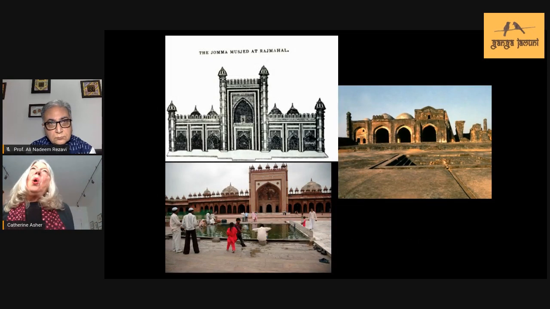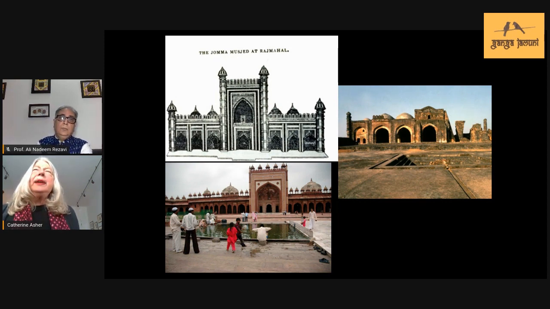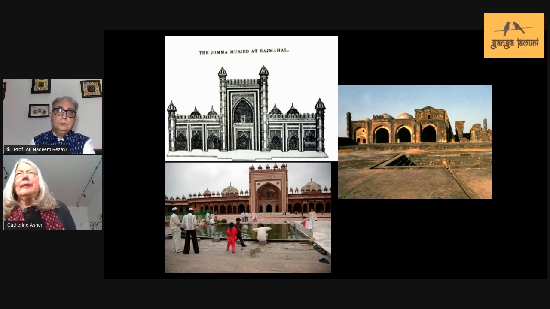If we look at a drawing by Buchanan and Hamilton done in the very early 19th century, and if we look at the mosque at Fatehpur Sikri, we can see that the great ruined mosque at Rajmahal originally had inlay, probably painted plaster, to look like that red and white sandstone of the mosque at Fatehpur Sikri.